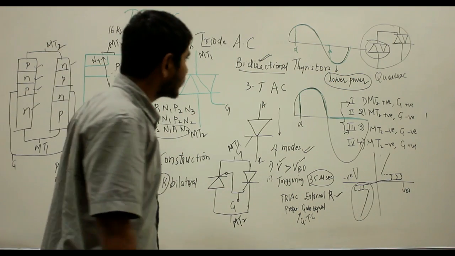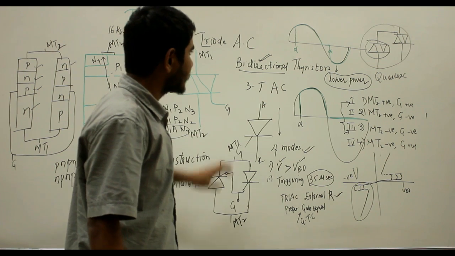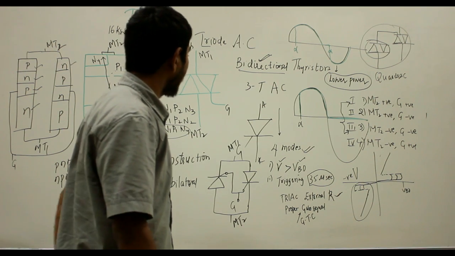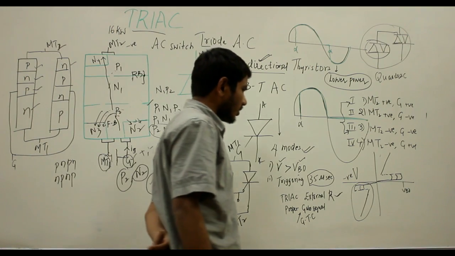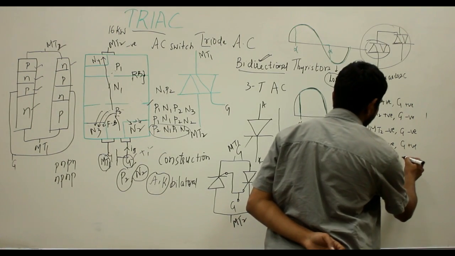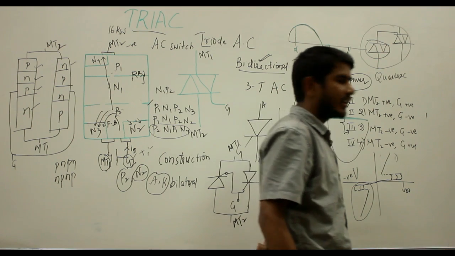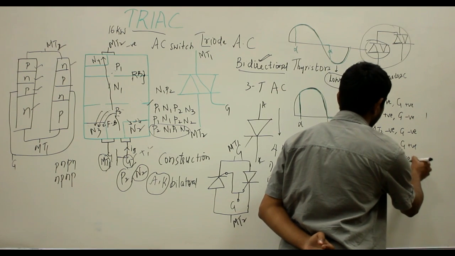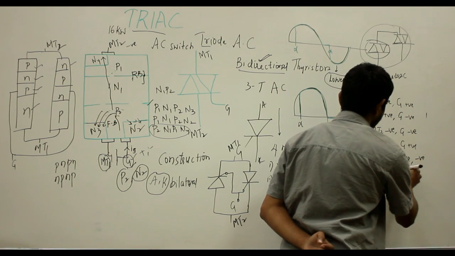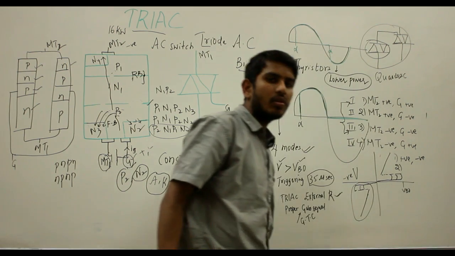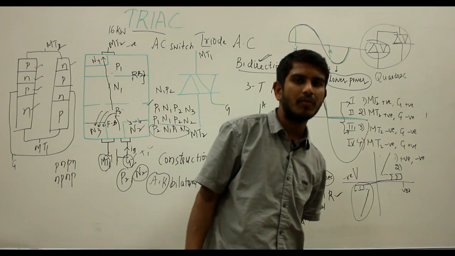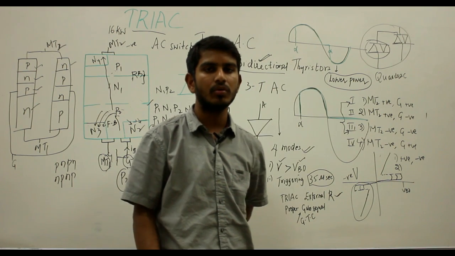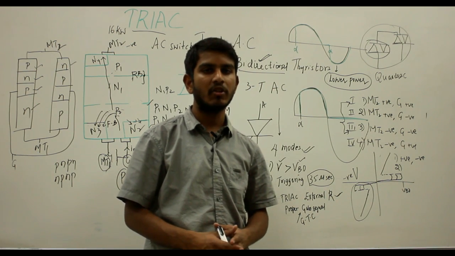So now coming to the advantages and disadvantages. The advantage of this triac is it can be triggered from both polarities of the gate signal, so positive polarity and the negative polarity. And the second advantage is it needs only a single heat sink of slightly larger size compared to two smaller heat sinks required for the SCR.